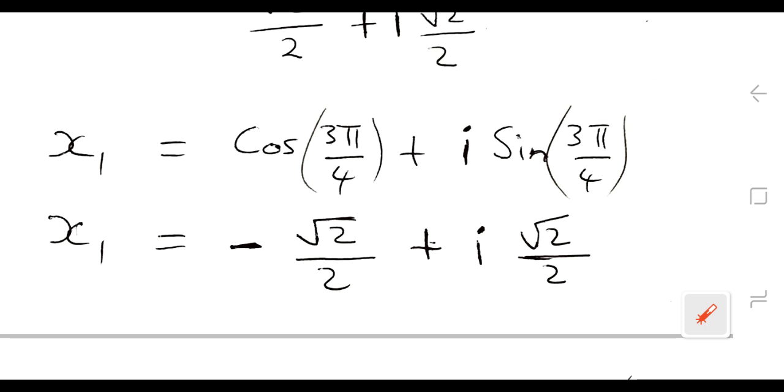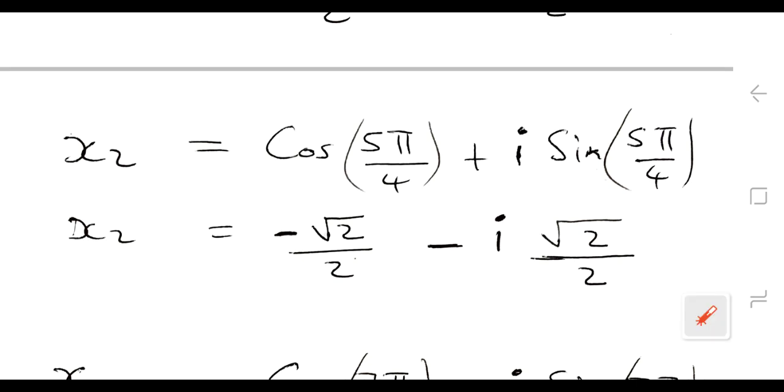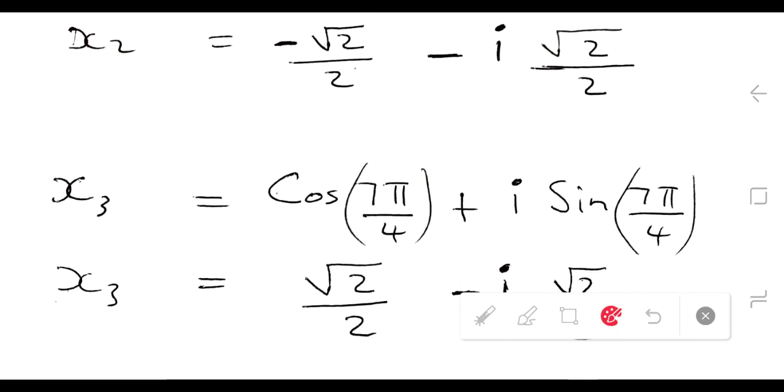So this is polar, this is rectangular now. The third root, you simplify this, you get a negative, and that, you get a negative. Remember your calculator must be in radians. Then you find another rectangular solution: if you simplify cos 7 pi over 4 you get that, and sine 7 pi over 4 you get that.